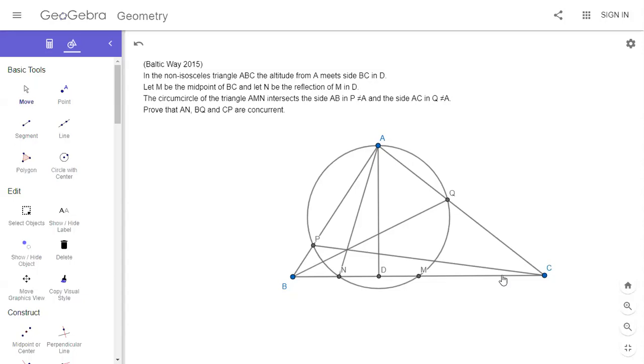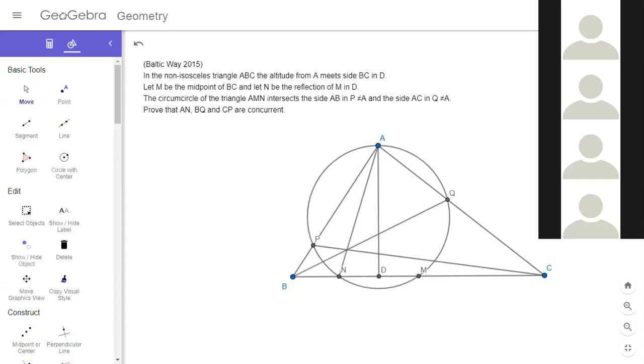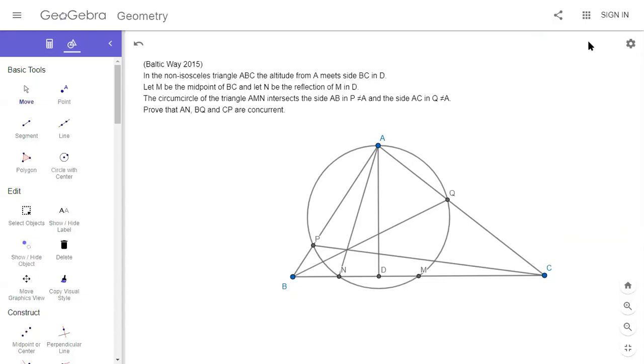Let's see. AN, BQ, and CP. Yeah, this looks so familiar. I feel like I've done either this or something like it before. I just don't remember.